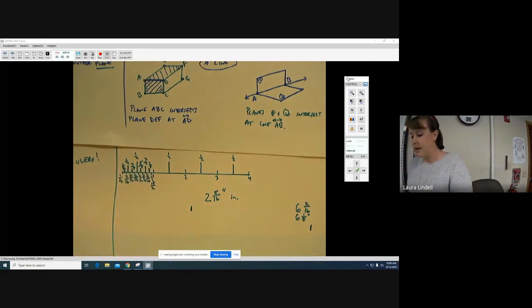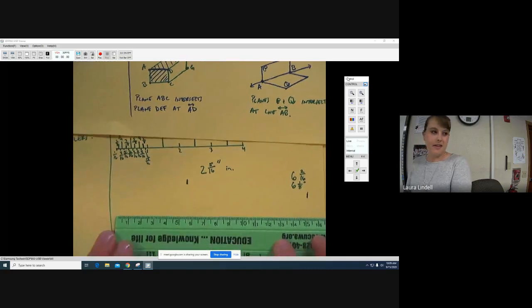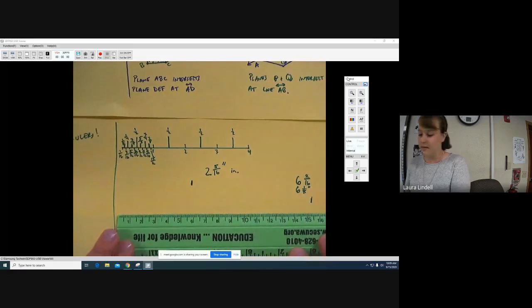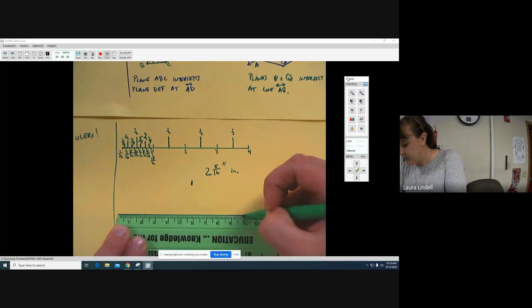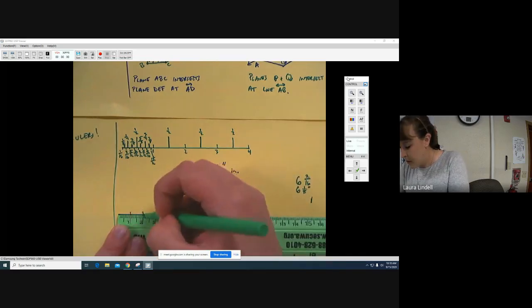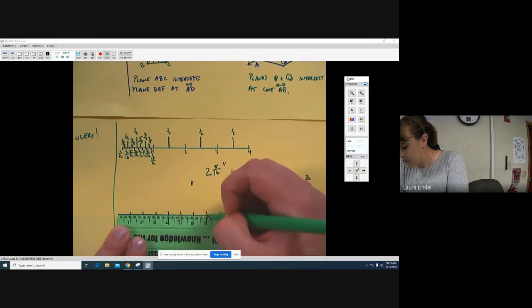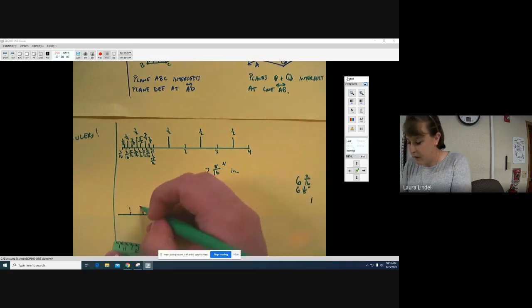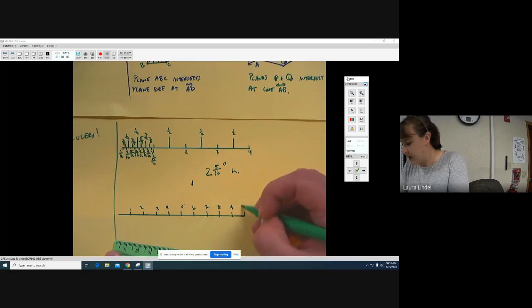Then the flip side, we've got centimeters. Centimeters are a lot easier to deal with because they're not broken out into 16ths and things like that, or at least I think they're easier to deal with. If we've got a ruler with centimeters here, we've got 1, 2, 3, 4, 5, 6, 7, 8, 9, 10 centimeters.